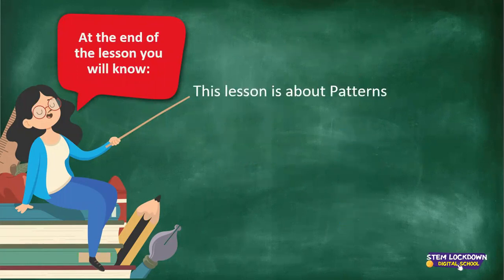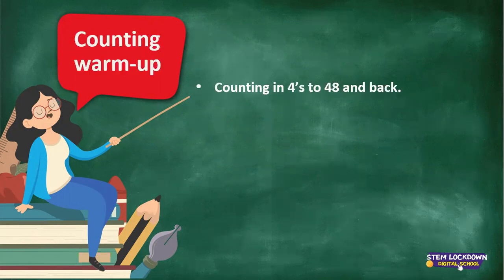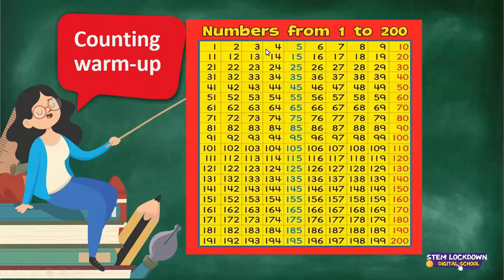Today's lesson is about patterns. First, we are going to do the counting as a warm-up. We are counting in 4s up to 48 and back today. Ready? Ready to start?